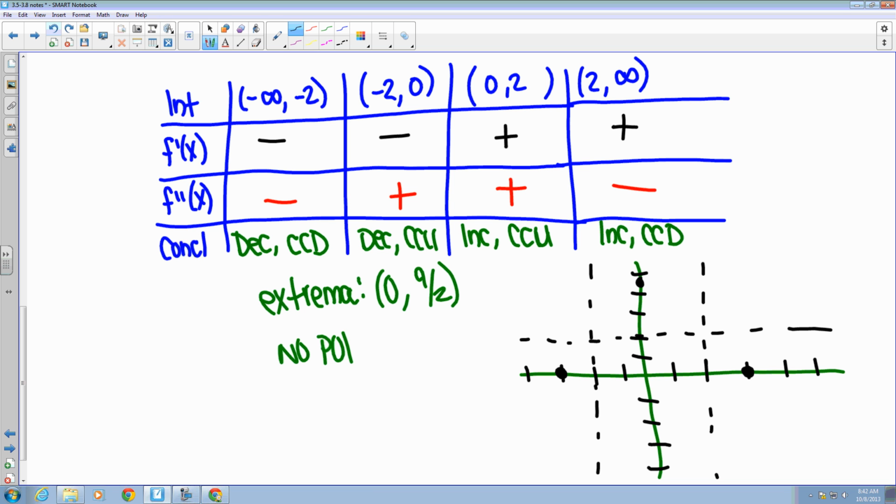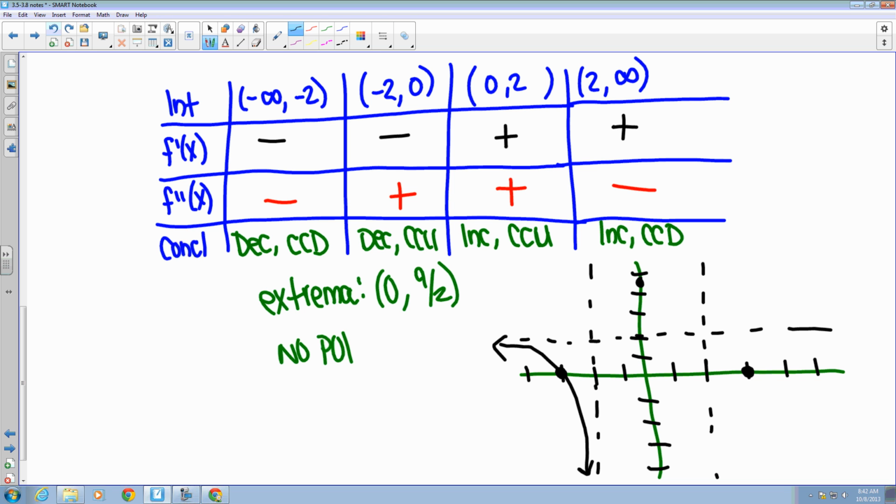So from -infinity to -2, that first vertical asymptote, we are decreasing and concave down. Remembering what concave down looks like, and knowing that we're not going to touch our asymptotes. That's the first section of our graph.